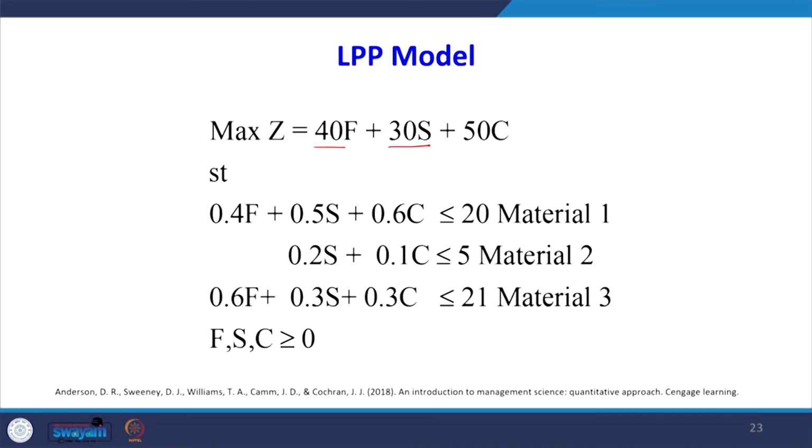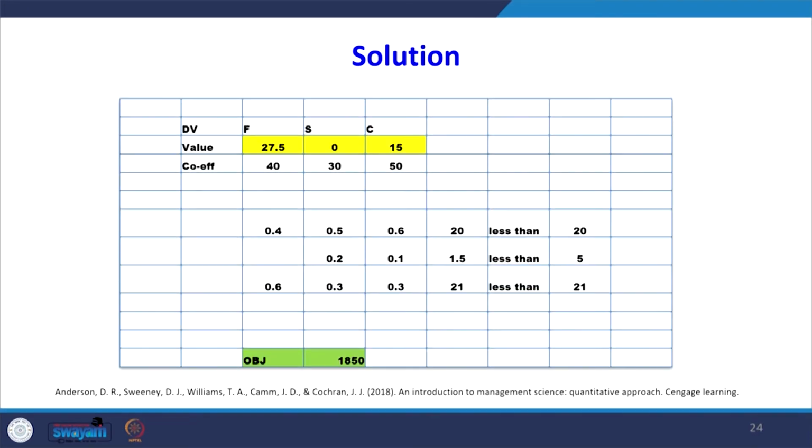The constraints are 0.4F + 0.5S + 0.6C ≤ 20 for material 1, 0.2S + 0.1C ≤ 5 for material 2, and 0.6F + 0.3S + 0.3C ≤ 21 for material 3. These are non-negative. When I solve with the help of Excel, I get the following solution.